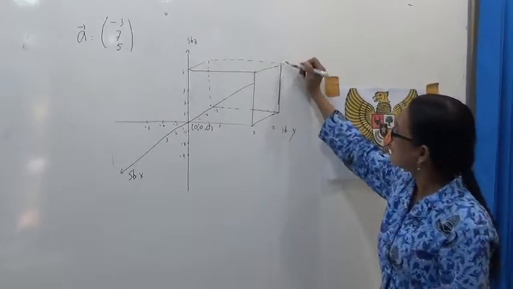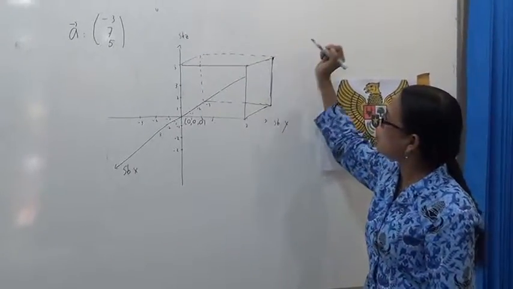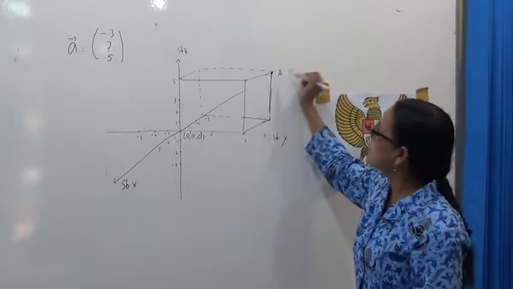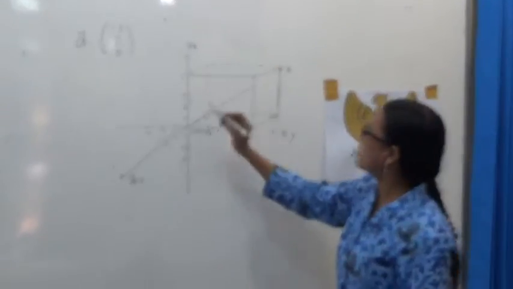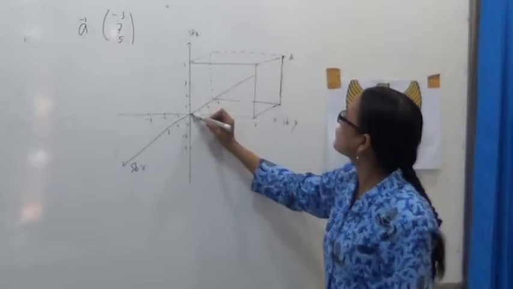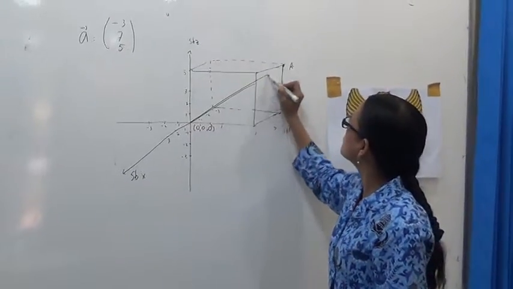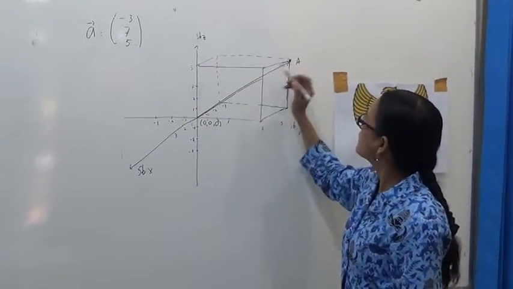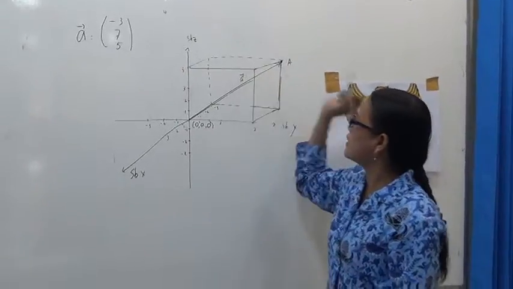Look at that. That is the nokta, or point, A. So the vector A is a line from the central point going to the point, or nokta. That is vector A.